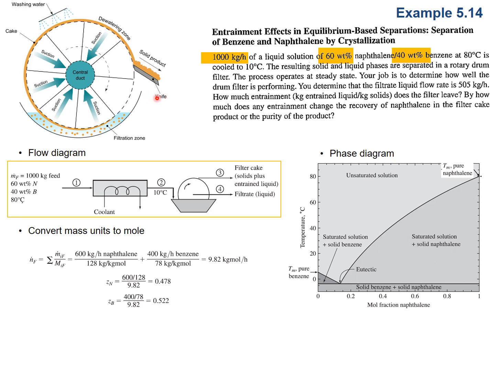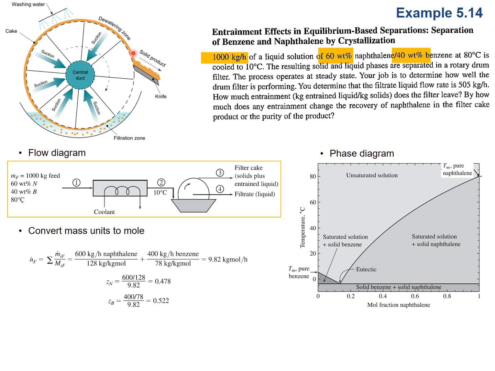By using a knife, the film of solid filtrate is gathered toward the solid product stream. That is the rotary drum filter, which is a mechanical separator.